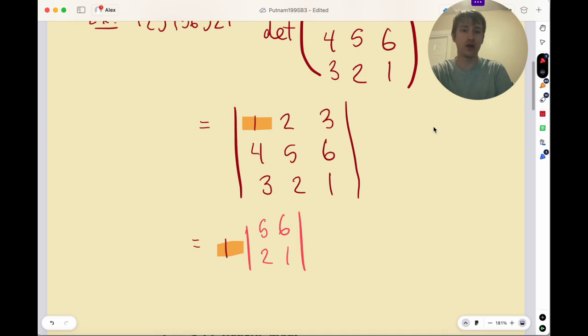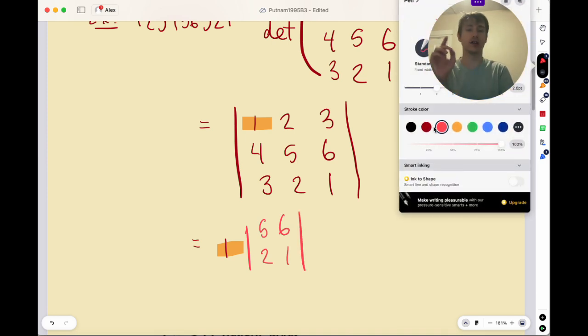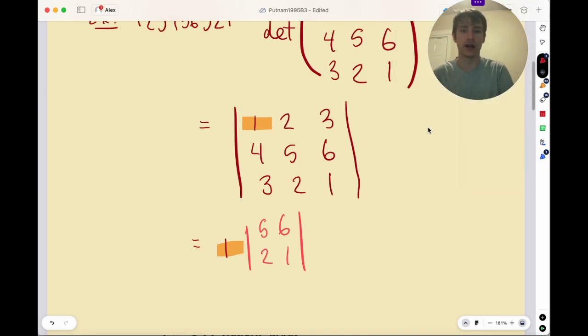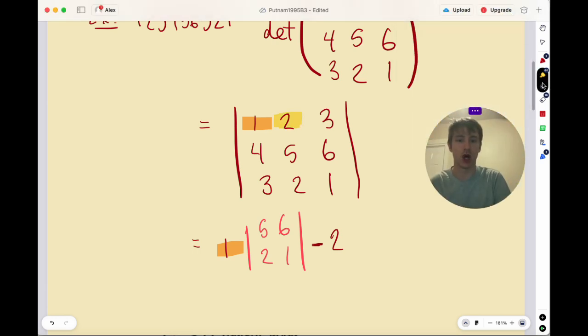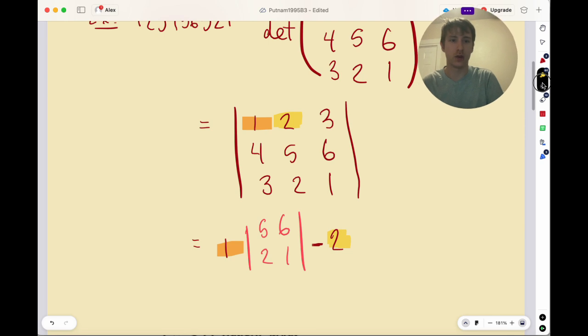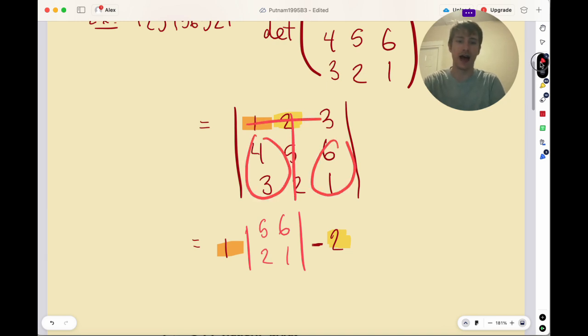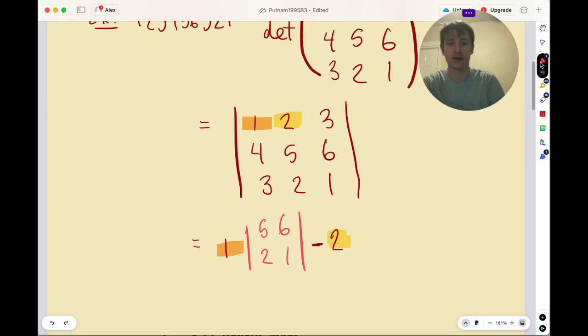Now what you do is you go along either a column or a row, but every time you introduce a new number, this next number, has to be a negative. That's the thing with these determinants. So we go along right here, and we take that times the determinant of the 2 by 2 matrix formed by canceling this column and this row. So we have that 2 by 2 matrix.